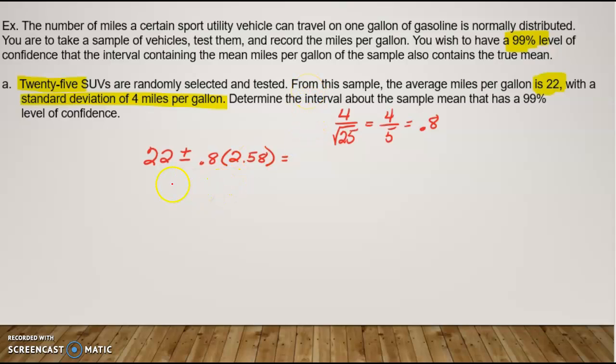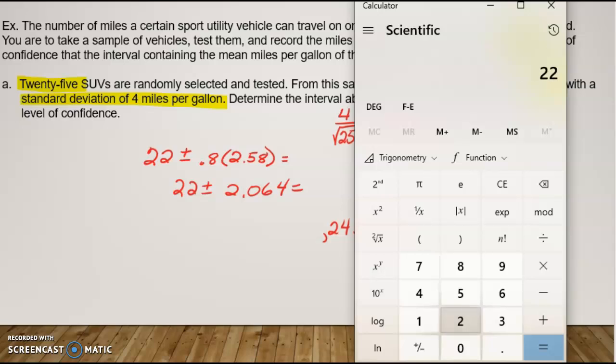So that gives you 22 plus or minus 2.064. Okay. So when you add that, that's 24.064, which is pretty easy. Do that.